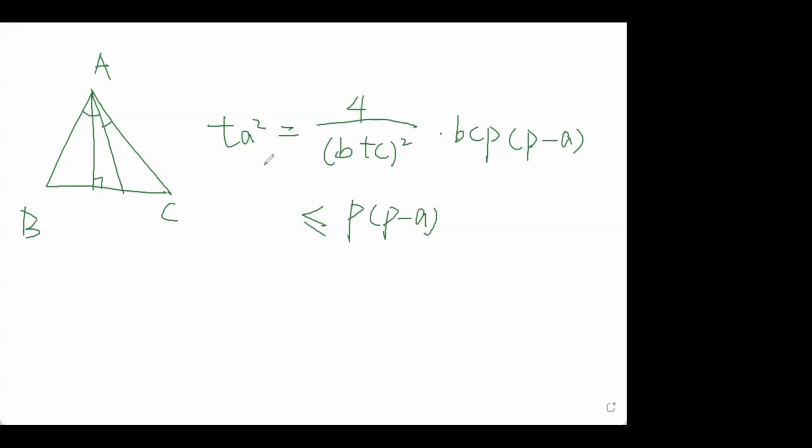And you can substitute P, which is half of the circumference, and clear it up, and you get a quarter of (B plus C) squared minus A squared.